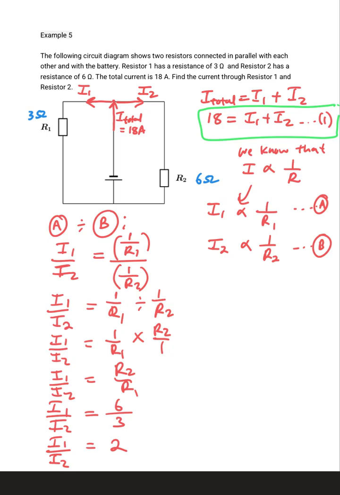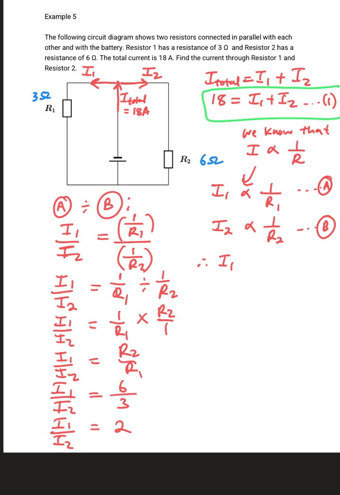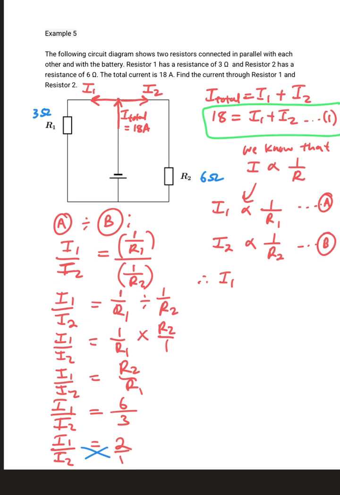Therefore, when we cross multiply, we have I1 is equal to 2I2. We will call this equation 2, and we can just circle it. This is our equation 2, right?